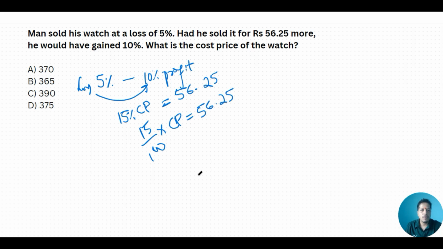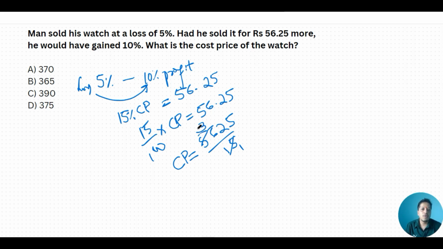Cost price is equal to 56.25, which means I'll keep CP on the left hand side and take everything to the right. So this 56.25 gets multiplied with 100, so it becomes 5625. It's not point. It's 5625 divided by 15. See if you can divide it directly. 15 3s are 45, and 11 is left.